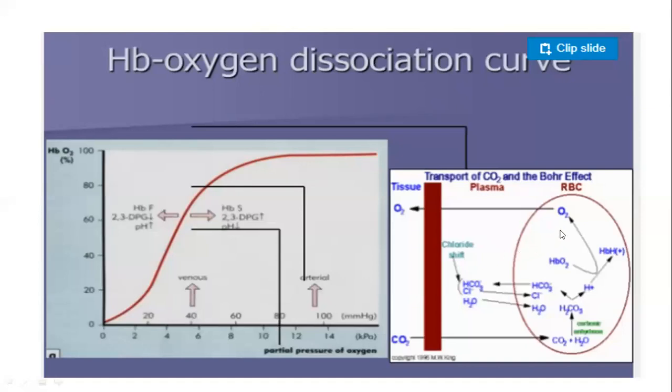If you look at this diagram here, you have carbon dioxide entering the red cell to form carbonic acid, right? And what do you want? You don't want more acidity. And so you break this up so that you have bicarbonate. Bicarbonate is alkaline or acidic?